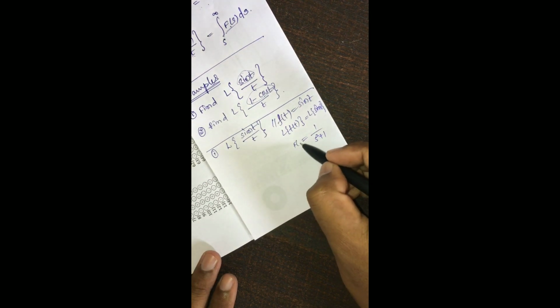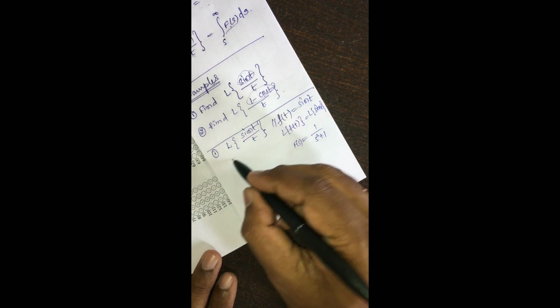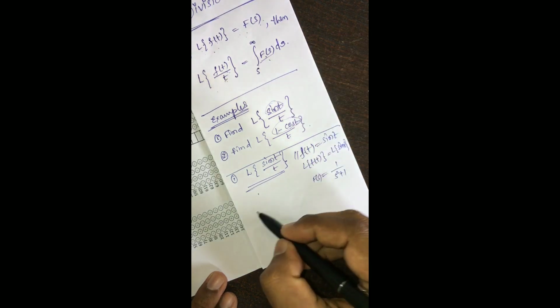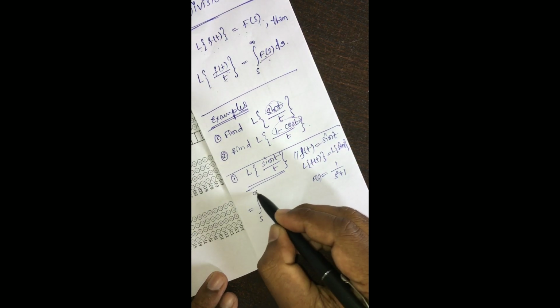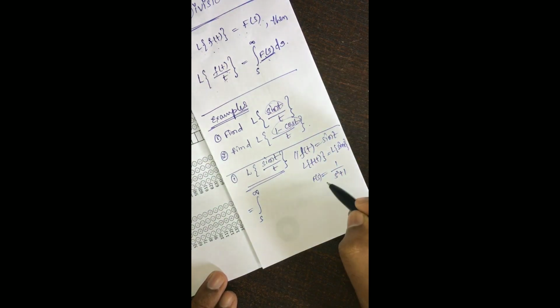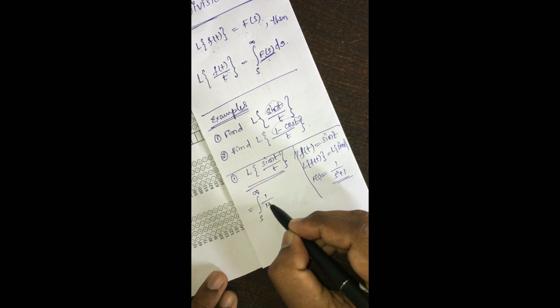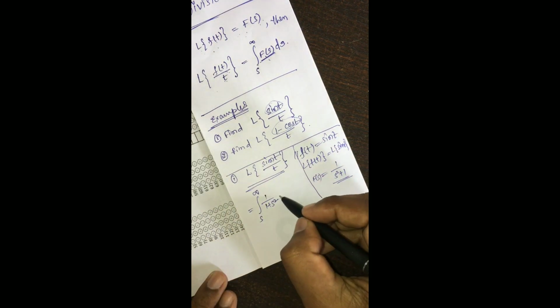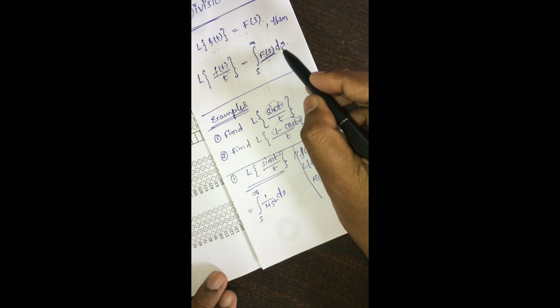Now this is called F of s. Based on this formula, we can write integral from s to infinity of F of s, where F of s is 1 by (s square plus 1), ds.